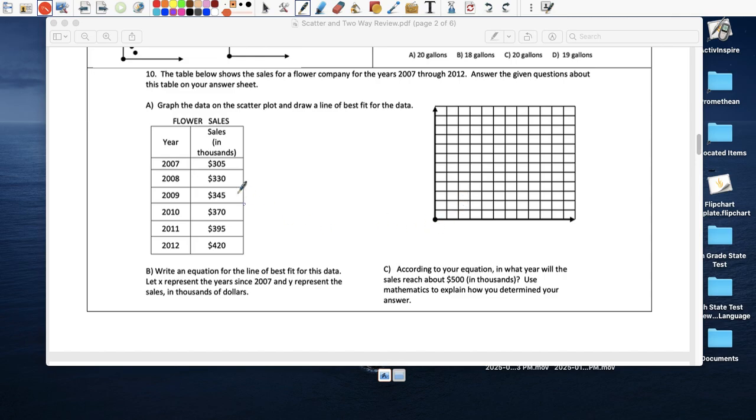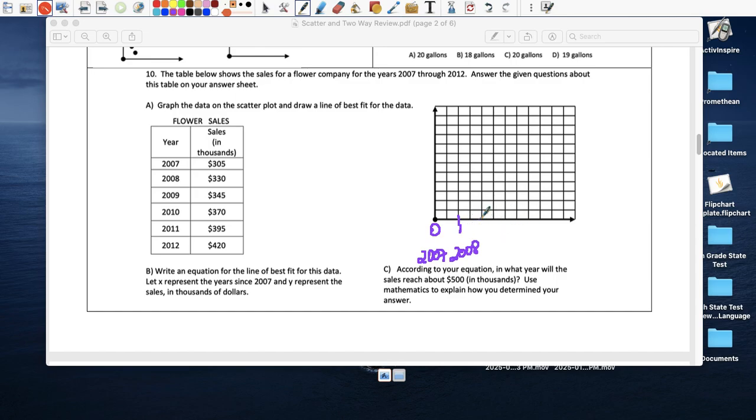Okay, so we have 2007, 2008, 2009, 2010, 2011, 2012. So what we're going to do here, our data starts in 2007. So 0 would represent our year 2007. 1 year after would be 2008. And we're going to go all the way to 5.